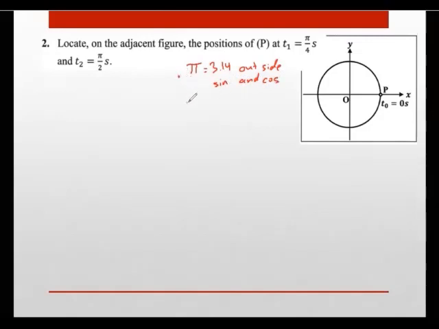But inside, you have to use it as pi, which is 180 degrees if you are using your calculator in degrees. Please put this note aside to make things easier on your calculator.